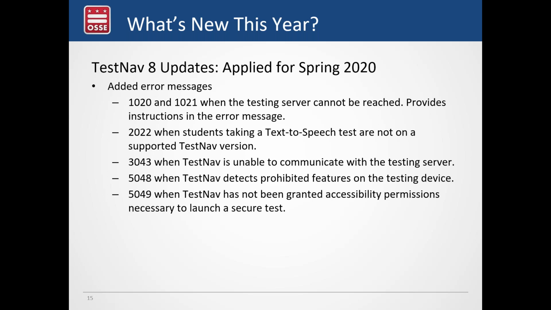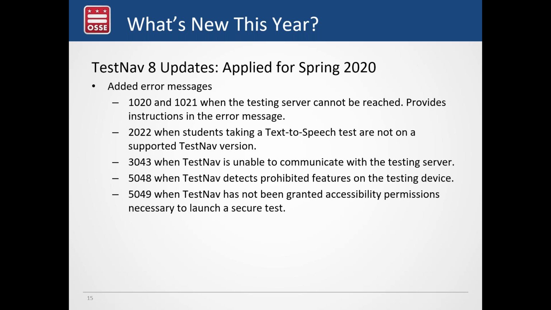Error numbers 1020 and 1021 is when the testing server cannot be reached. And I believe I have this linked in another place. But basically, it'll give you an error message, and it'll give you the steps on how to correct it. And both of those have pretty identical steps, as well as how to get through them.